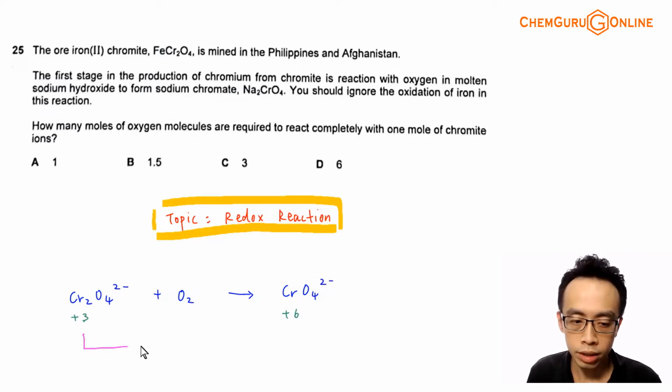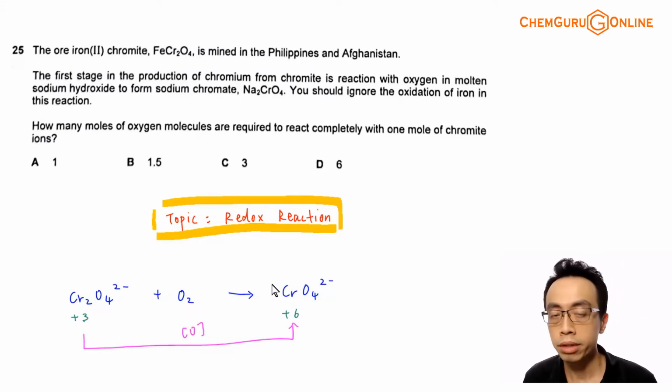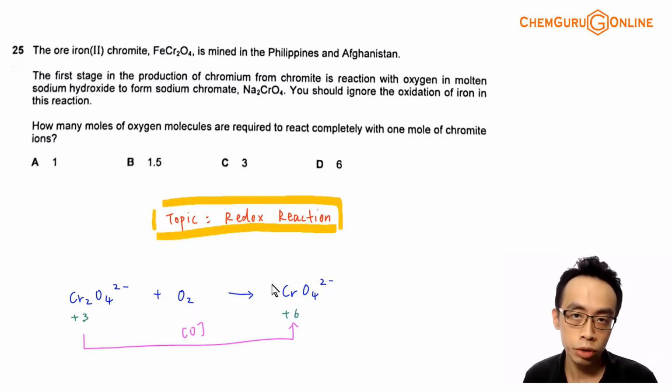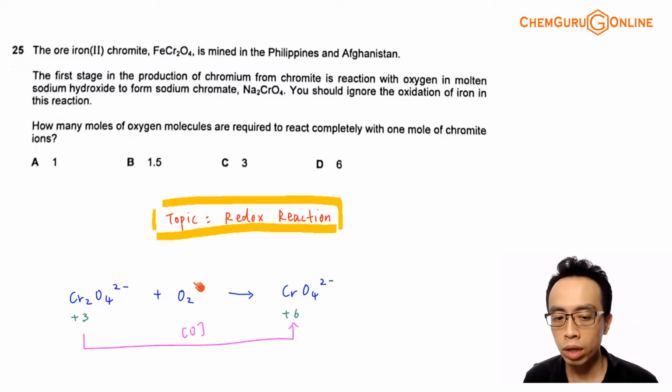So I know that this is an oxidation, which would mean that oxygen will undergo reduction, since the redox reaction is always one species oxidized and one species reduced. It also makes sense because a reaction with oxygen usually means that the species undergoes oxidation, and I know that oxygen undergoes reduction.